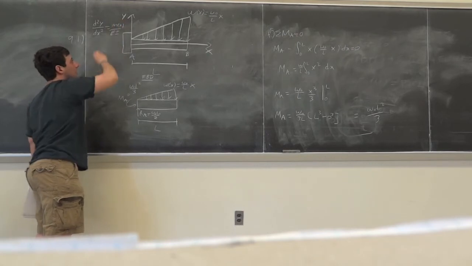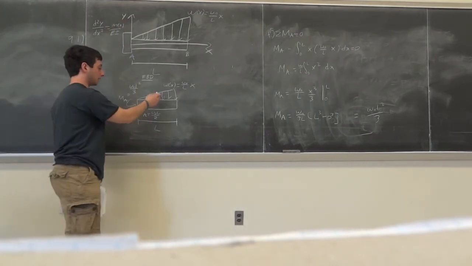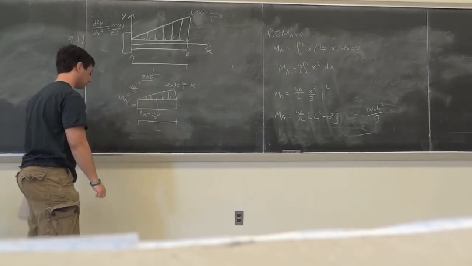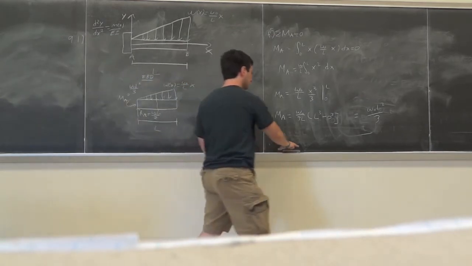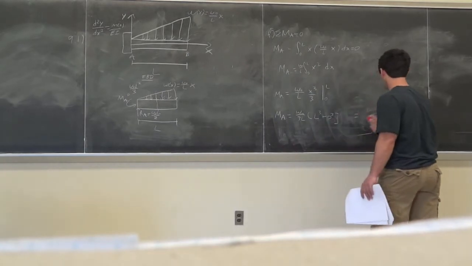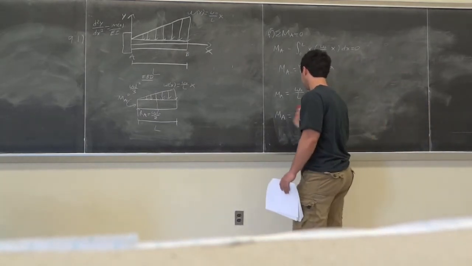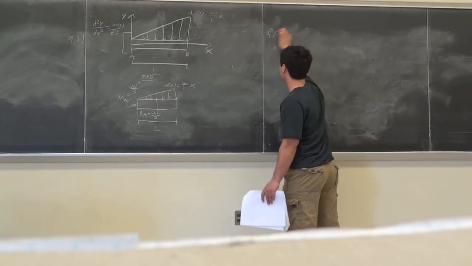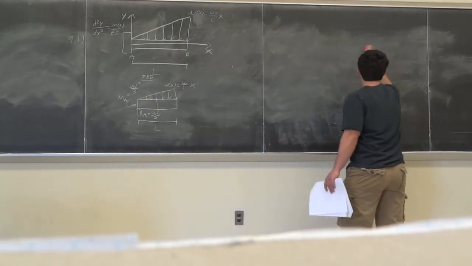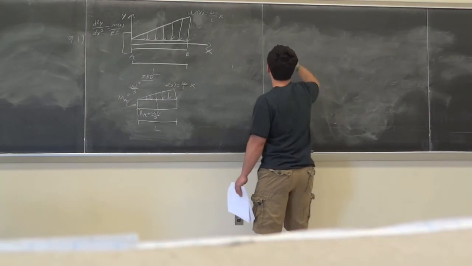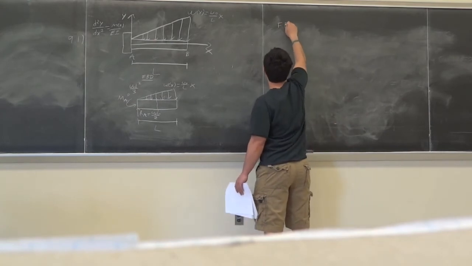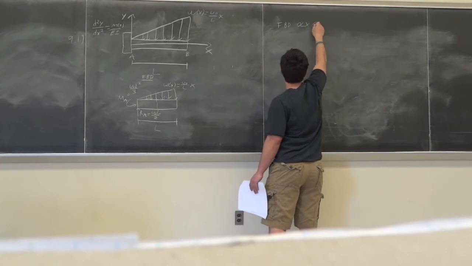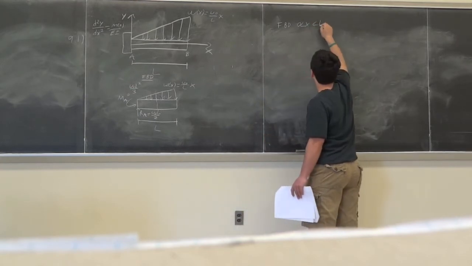This term over here. So we're gonna have to cut the beam at a distance x. So let's do that. Alright, so let's draw the free body diagram from 0 is less than x is less than L.